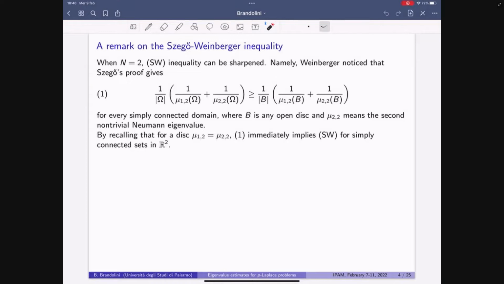And this inequality holds true again for every simply connected planar domain. Since on a ball, so on a disk in 2 dimensions, the first eigenvalue is double, which means that μ1 of B coincides with μ2 of B, this inequality implies immediately the previous one.